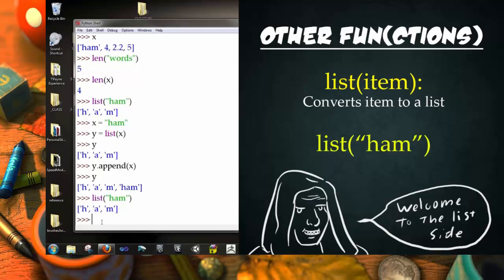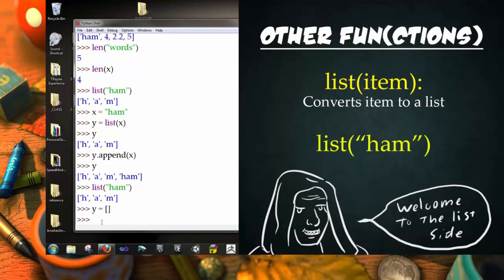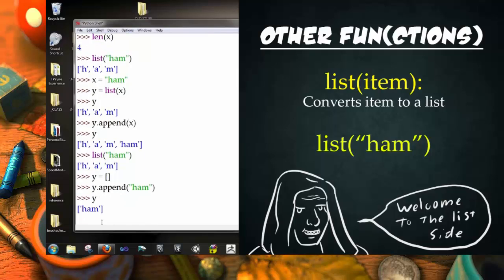And now if you wanted to add in a whole string, let's go ahead and create a list, y equals, open close brackets, just to create one. And now we're going to go y dot append, and we're going to add in ham as the word, enter, now type y, and it's added in the whole word itself, rather than breaking it up by character.